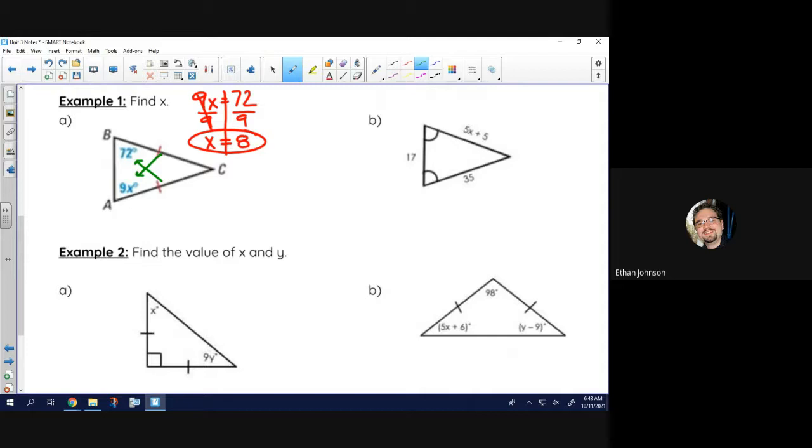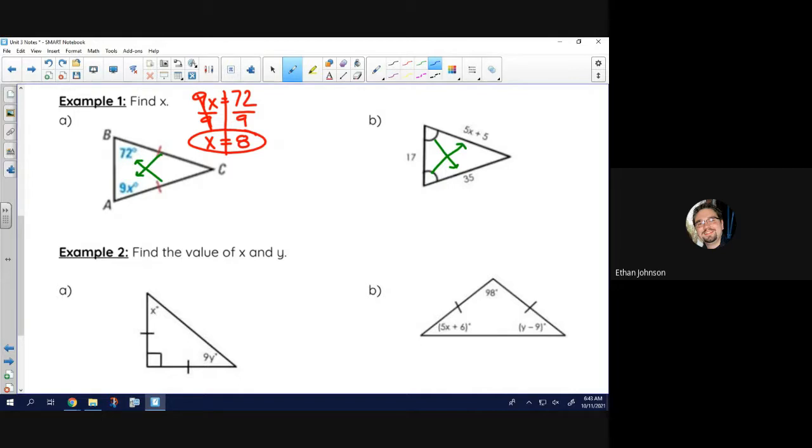In B, we actually have the converse of the base angle theorem. We have two congruent angles, so I know the sides across from them have to be congruent. So in this problem, we actually have excess of information. That 17 we do not care about. It is extra. We might do that to you.